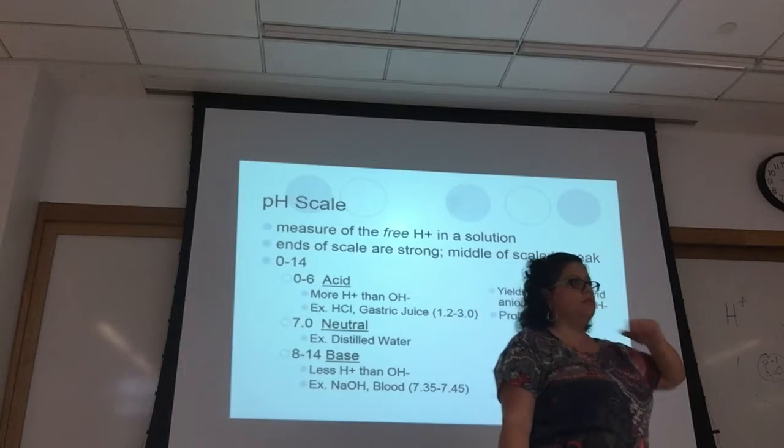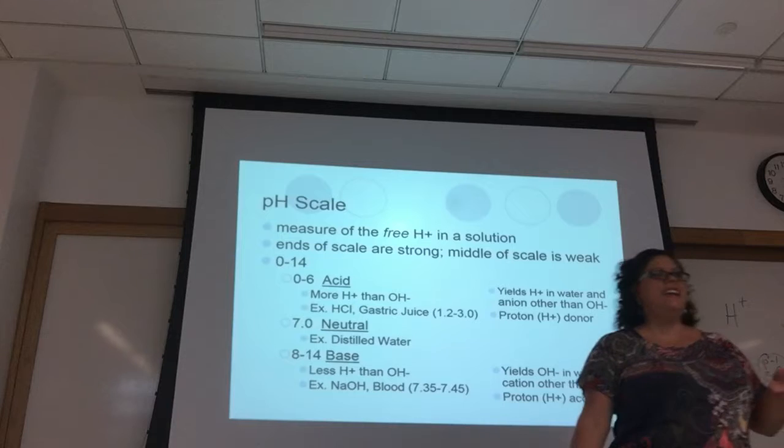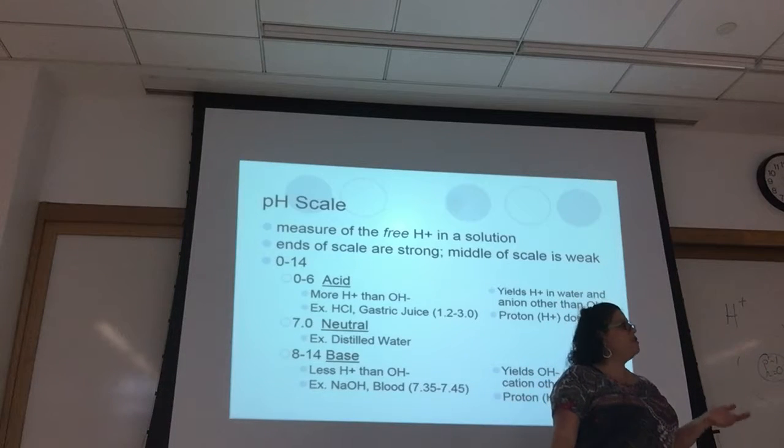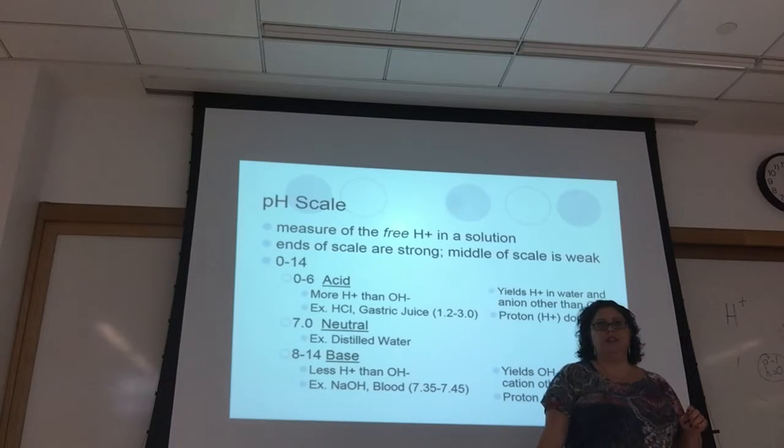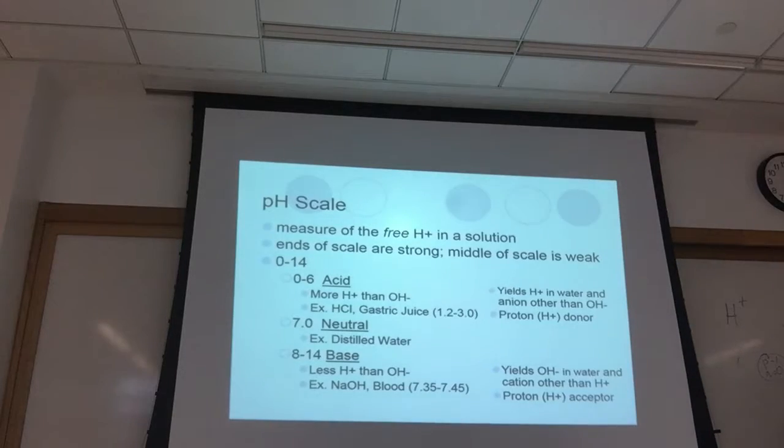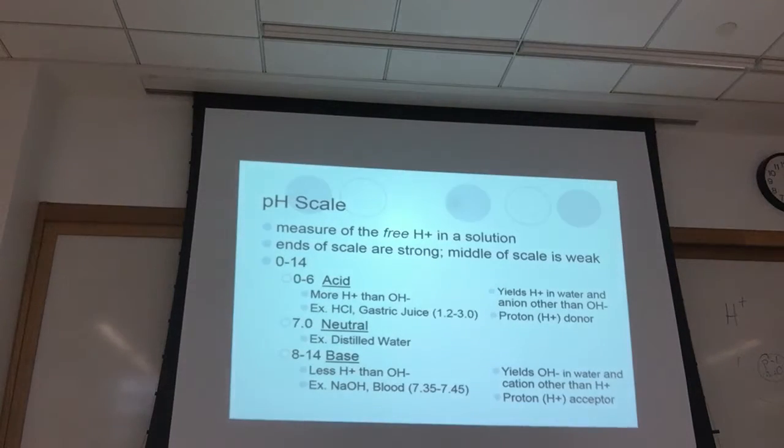What's in the middle? Neutral. Something that's neutral, like pure water. The chemical formula for water is H2O. If I take a hydrogen ion out of that, I'm going to end up with an oxygen and a hydrogen. Right? I've got an OH over here and an H over here.